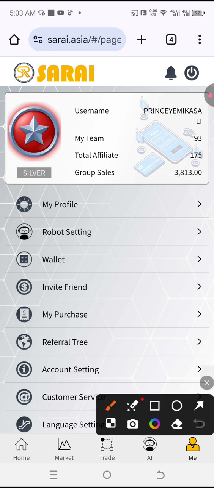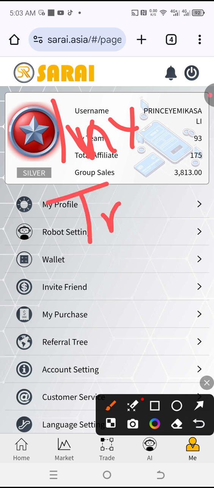Now, I think we are all aware of what is going on in the crypto space, in our Sarai space. Some people introduced what we call investor. Then some people told us that there is a trader.